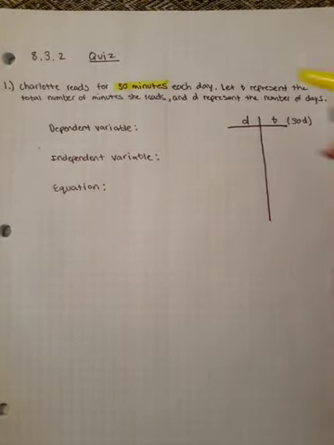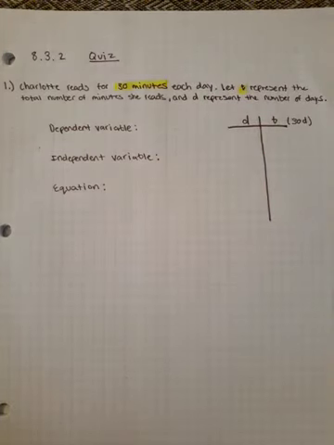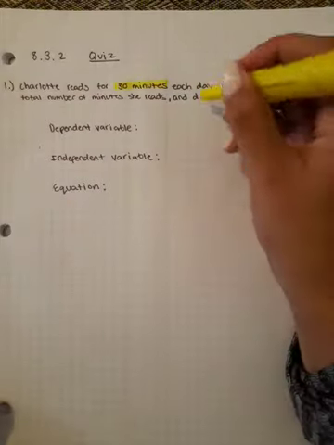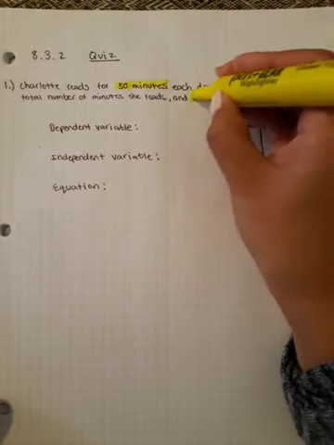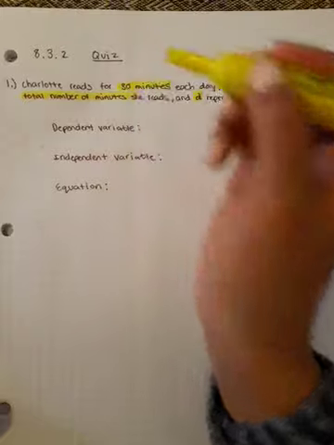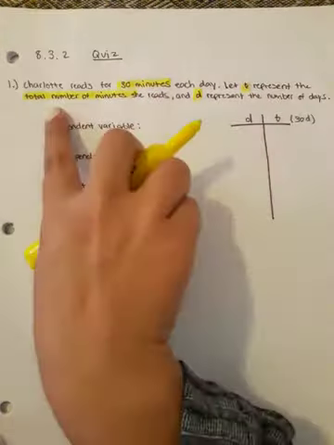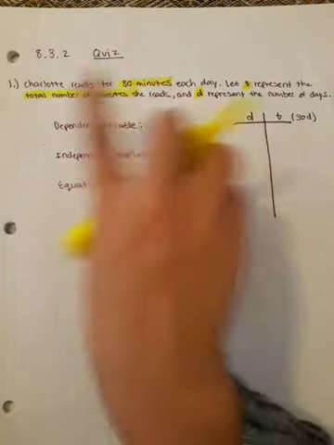Let T represent the total number of minutes she reads, and D represent the number of days. T represents the total number of minutes she reads in total.